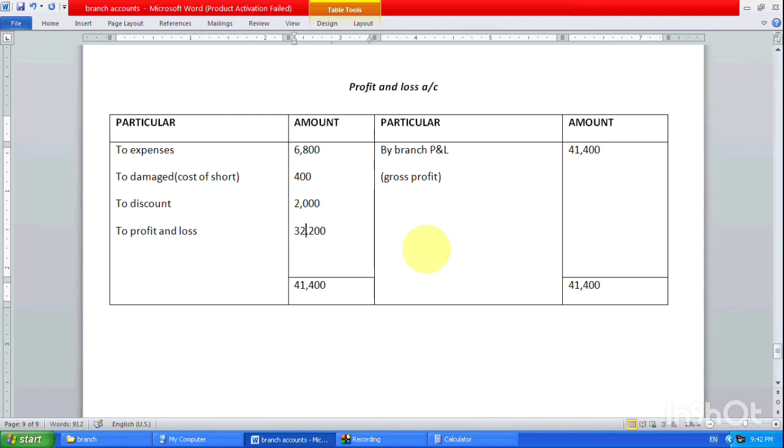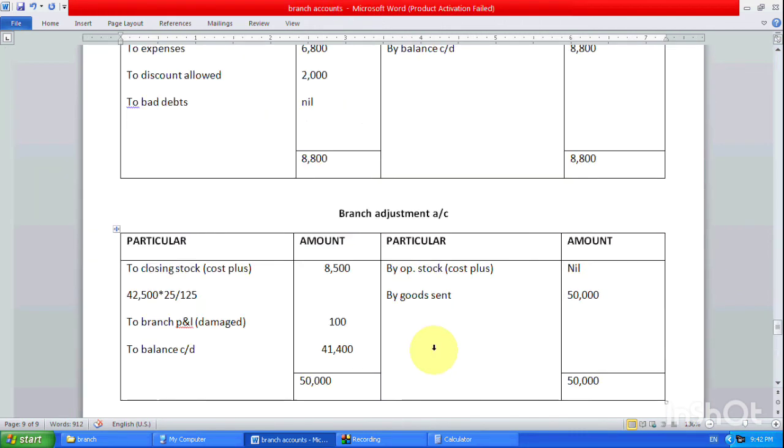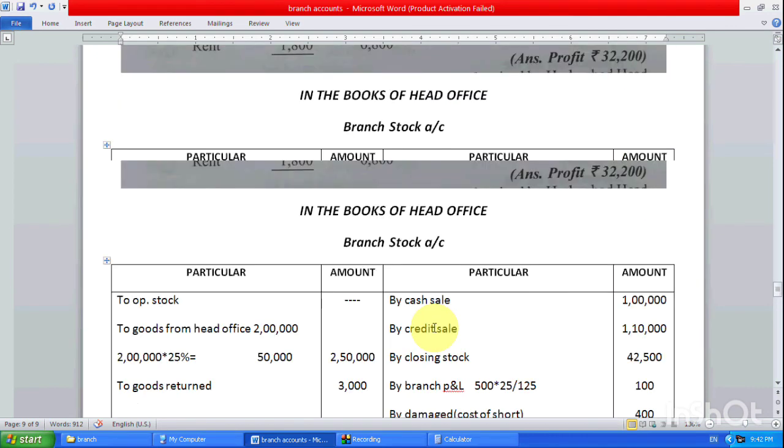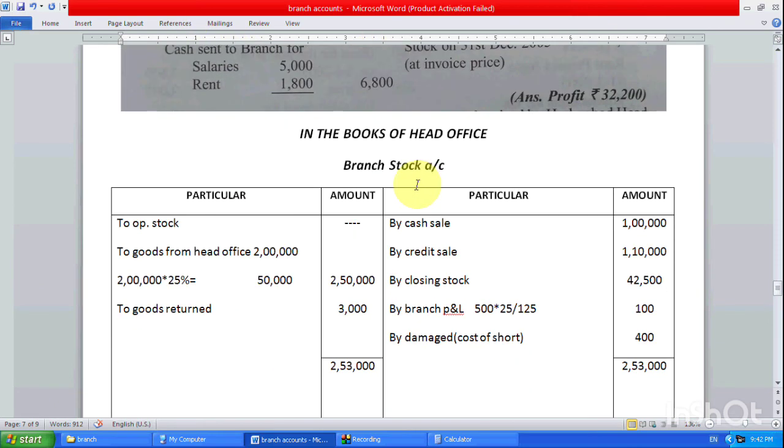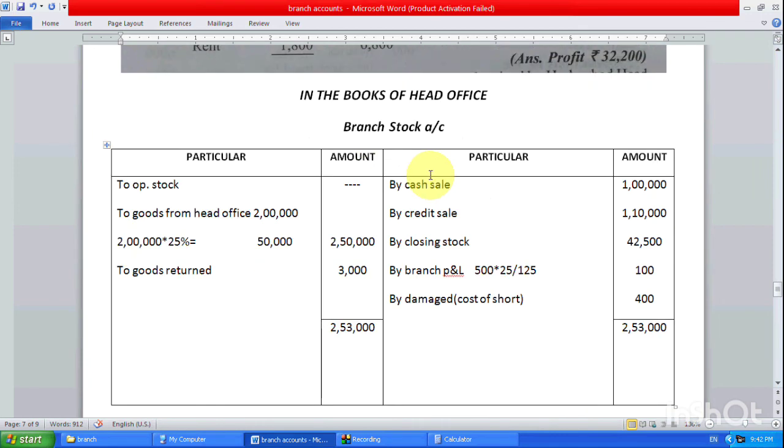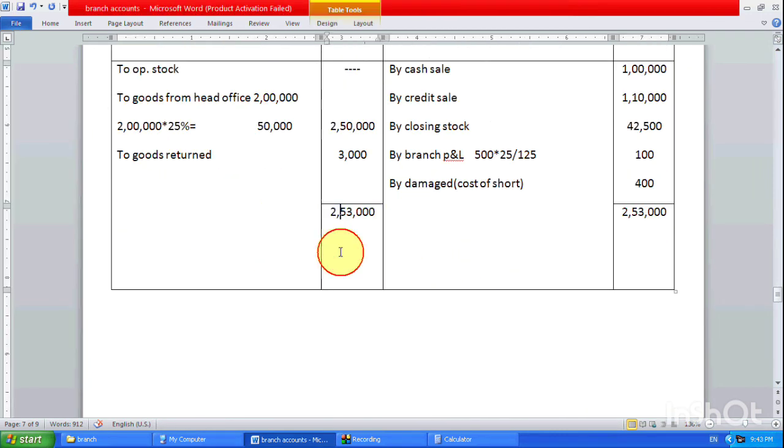So now it is 32,200. Okay, see, 32,200 we have got as the profit, same. It is mentioned here 32,200. Okay, this is the way in the books of head office. First we have to prepare branch stock account. It is very easy, just take the stock related entries.